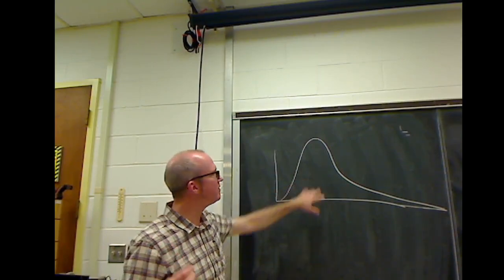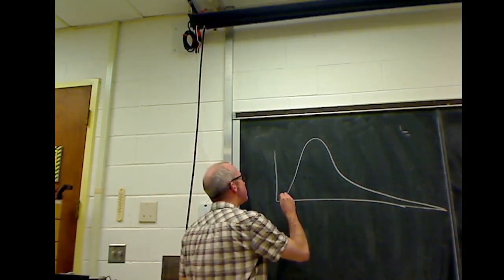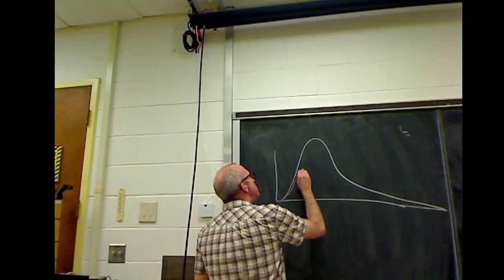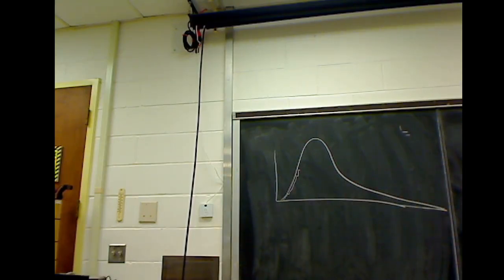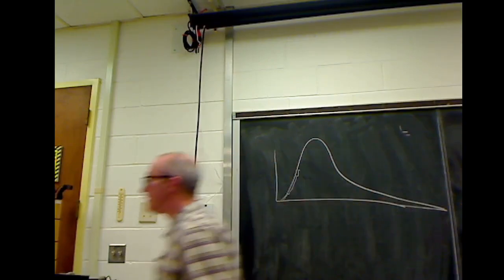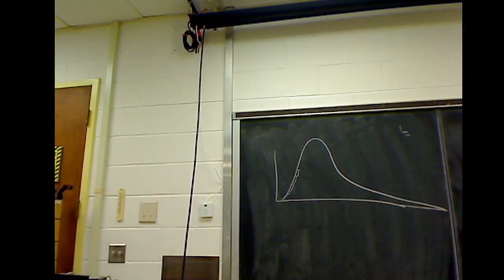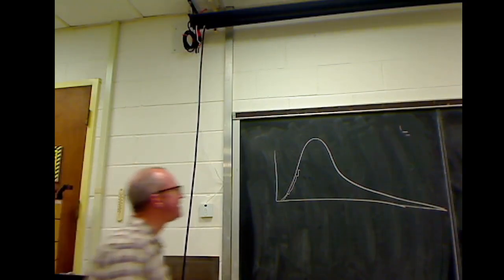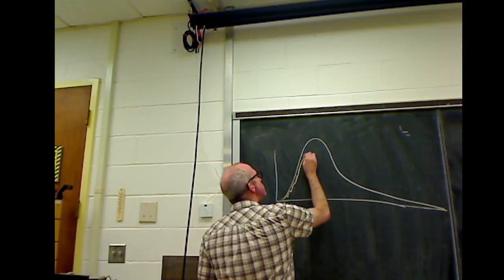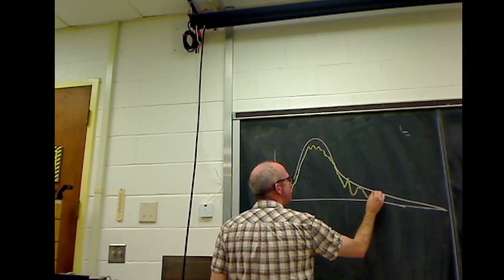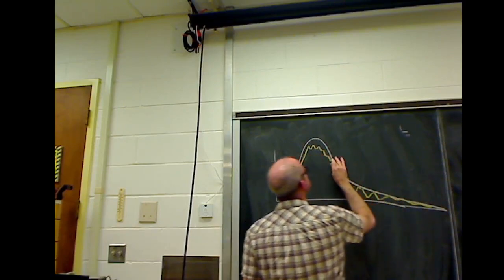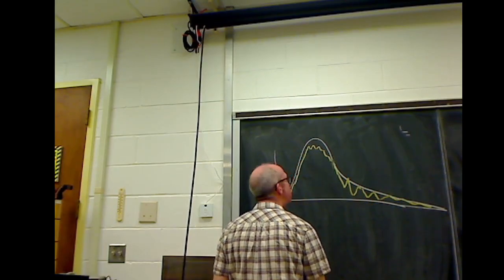So pretend that this is a 5770 Kelvin black body, the solar black body. The solar spectrum actually looks like this. There's some lines up here too.